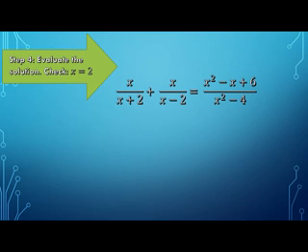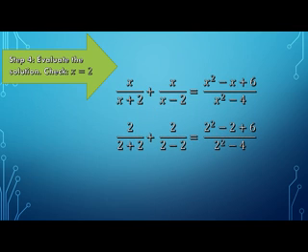We have to substitute the value of x, which is 2. It will become 2 over 2 plus 2, plus 2 over 2 minus 2, is equal to 2 squared minus 2 plus 6 over 2 squared minus 4. So simplify, it will become 2 over 4 plus 2 over 0, which is not equal to 8 over 0.